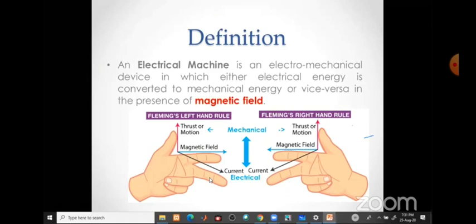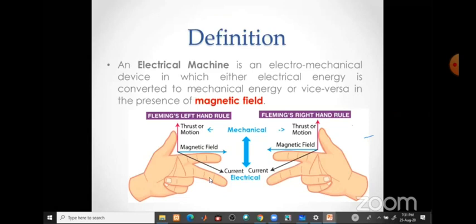3D space means X, Y, Z axis. If you try with other fingers, that means index finger, middle finger, and ring finger, then you can't create this type of thing. We have to use only these 3 fingers combination. That means the thumb, index finger, and middle finger. If you stretch like this, we can create a Cartesian coordinate system very easily.